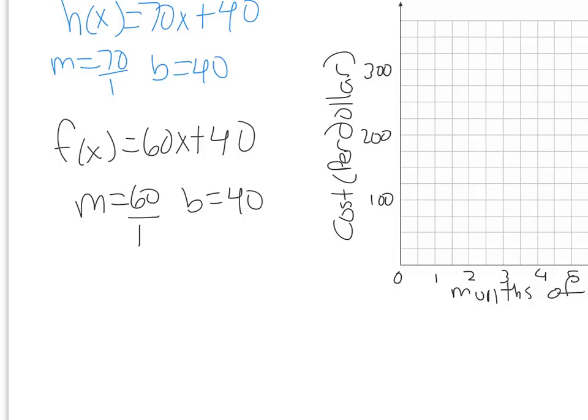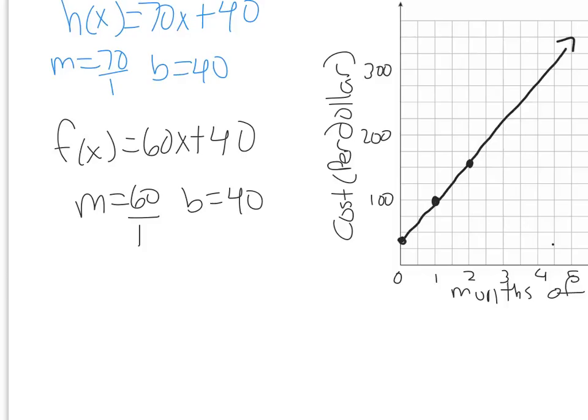So if I graph f of x first, I know I'm beginning at 40, so that's 25, 50, so 40 would be approximately there. And then I have to go up 60, so I'd be at 100 over 1 month. Do it again, I'm at 160 over another month. So it's going to look like that.